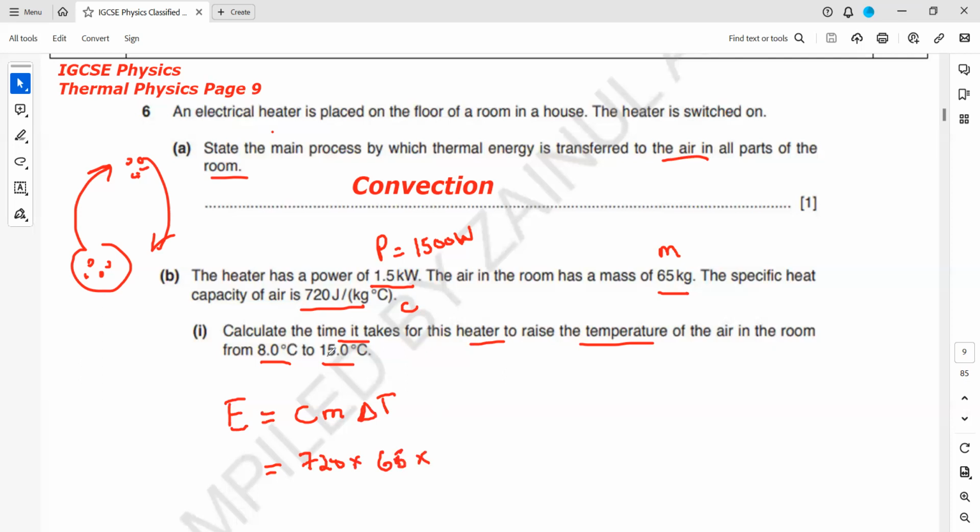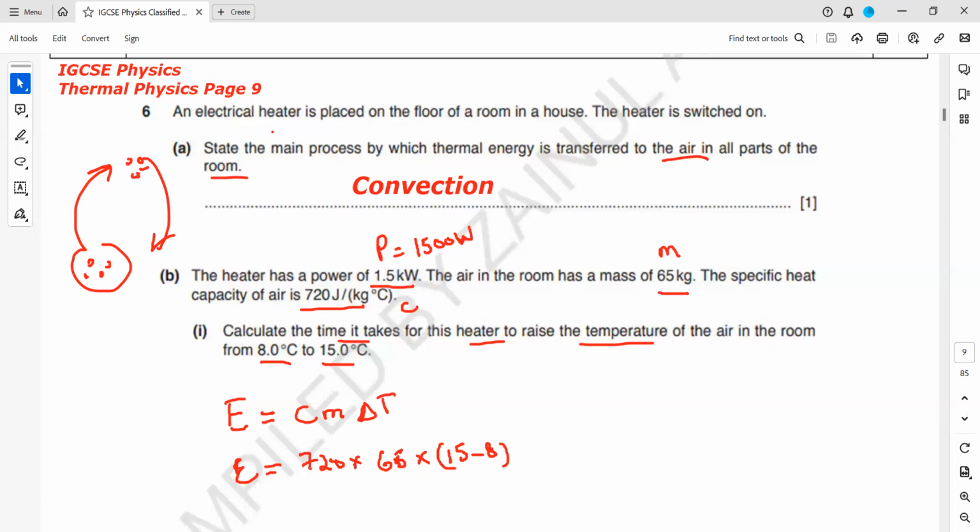And the temperature changes from 8 to 15, so it will be 15 minus 8. That will be the temperature change. So E is equal to c m delta T, multiply all of them. You'll get how much energy is being absorbed by the air.